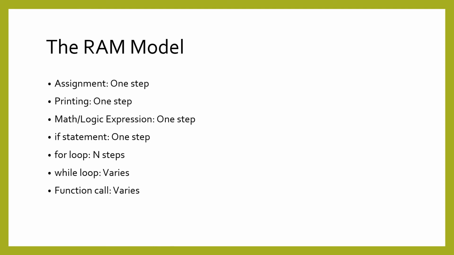In the RAM model, most simple actions such as assignment or printing takes a single step. In fact, all math and logic expressions take a single step too, even if there are many operations inside of the expression. However, for and while loops are more complicated, as are function calls. The for loop is not usually so bad, since it usually means that we just have to do one additional step for each element of the input.